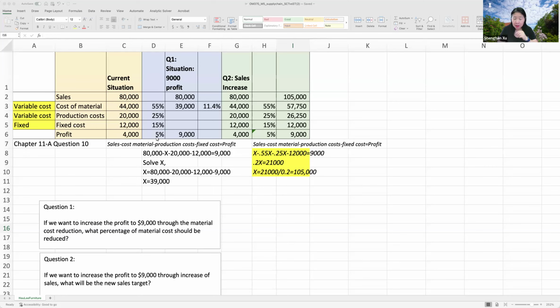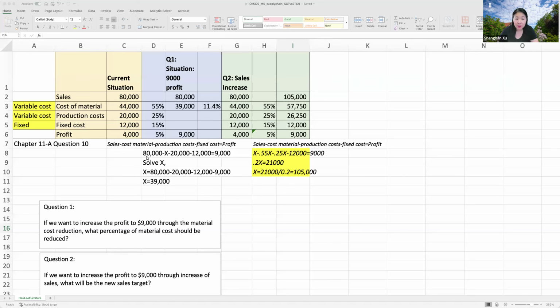Okay. So the first question, we want to explore how, if we want to increase the profit to 9,000, and if we want to just focus on reducing the cost of material, the raw material cost reduction, how much we have to reduce and what percentage of material cost should be reduced, right?